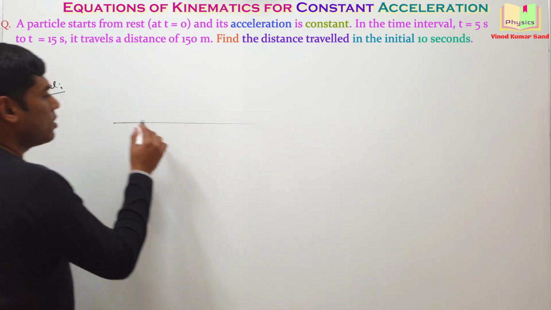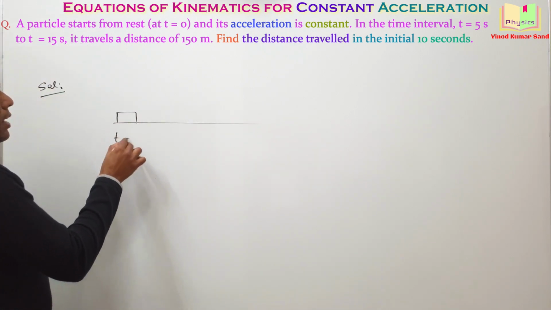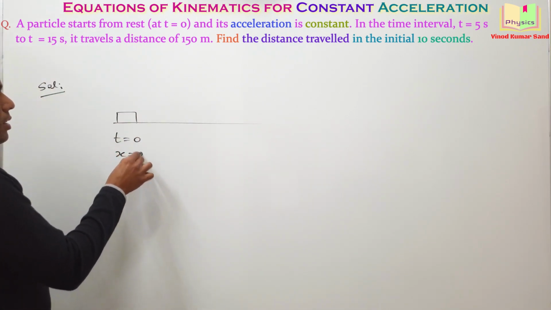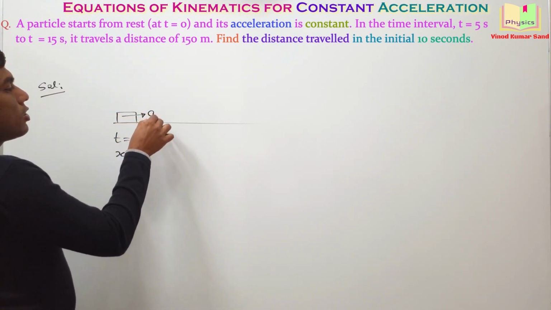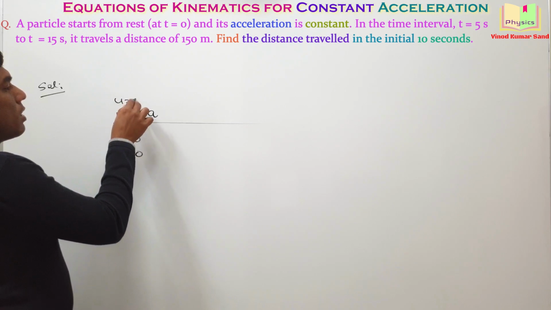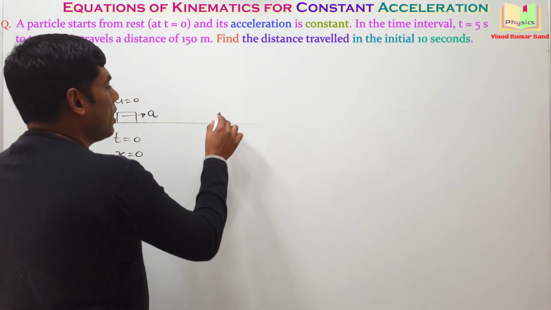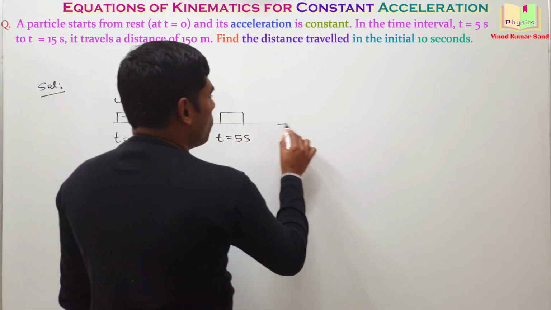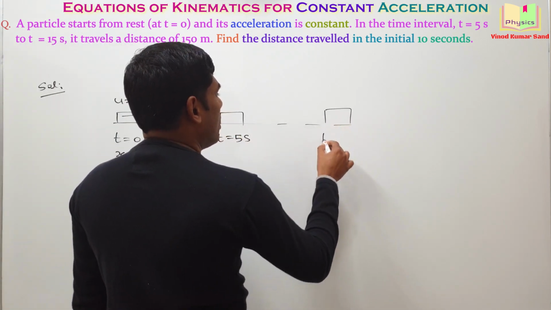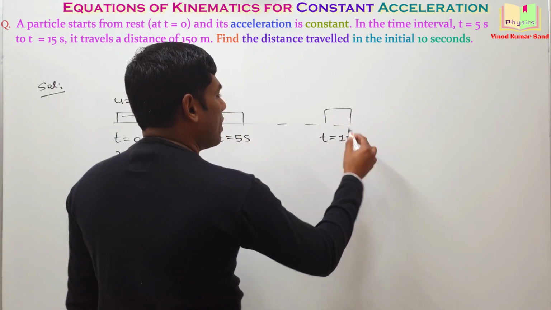Suppose at t equal to 0, the particle has the position x equal to 0 and its acceleration is constant, u is given as 0. Then here is the moment t equal to 5 second, somewhere here is the moment t equal to 15 second.